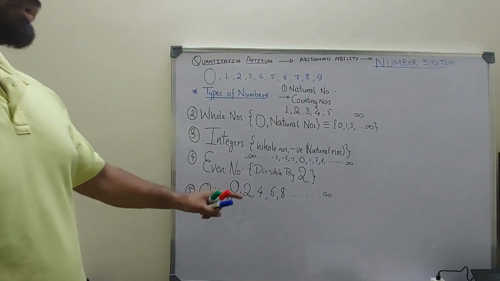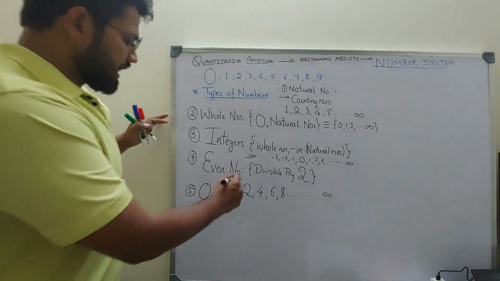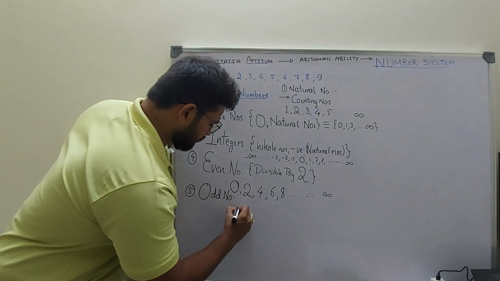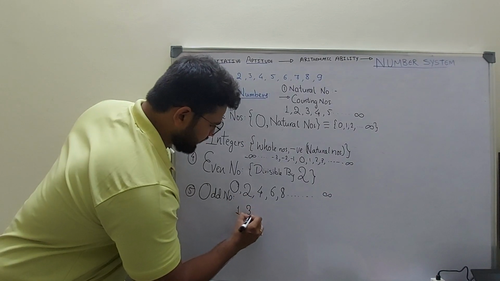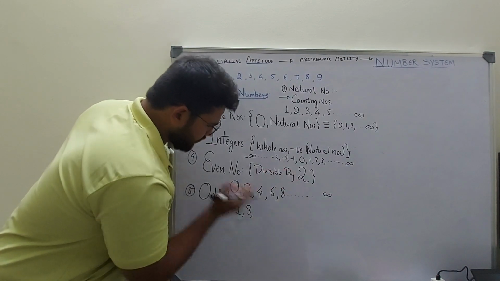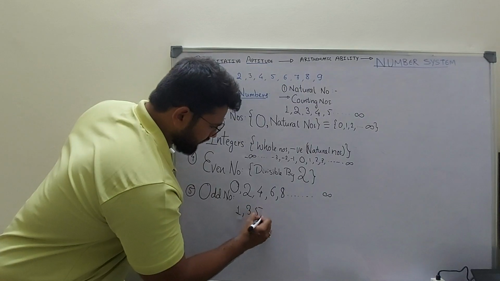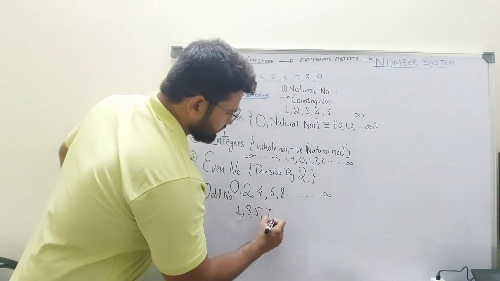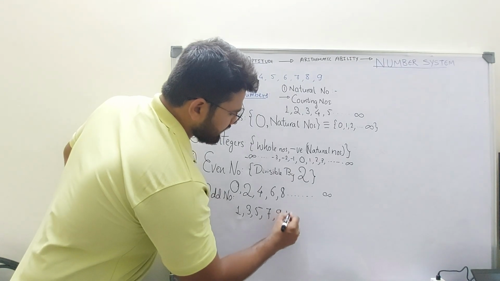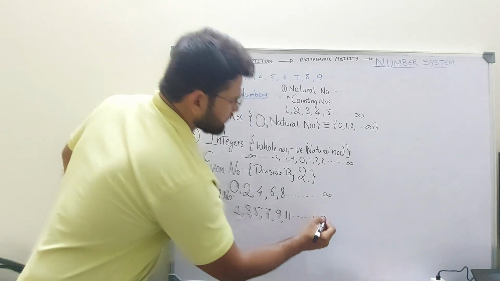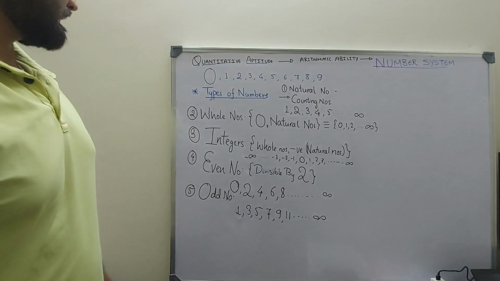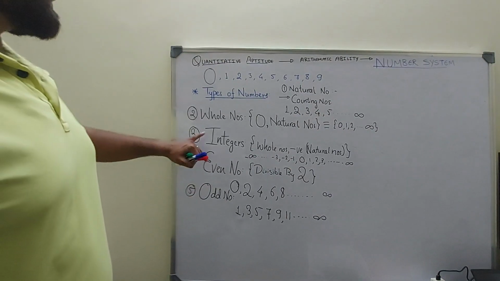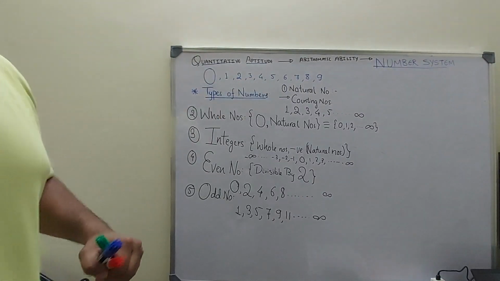And odd numbers are the numbers which are not even. So what is left? 1, 3. 4 is not odd, it is even. Then 5. Similarly, 6 is not odd, it is even. Then 7, 9, 11, and so on till infinity. I hope this is clear: odd, even, integers, whole numbers, natural numbers.